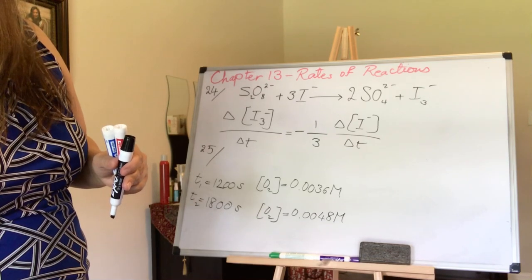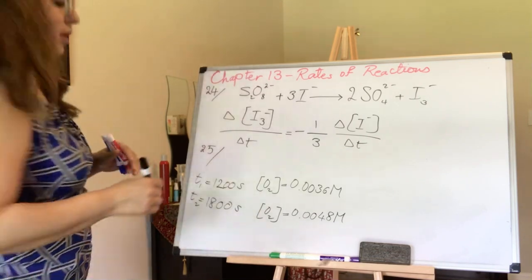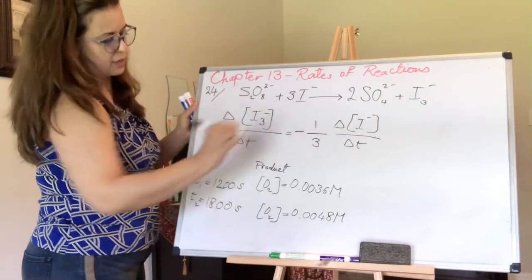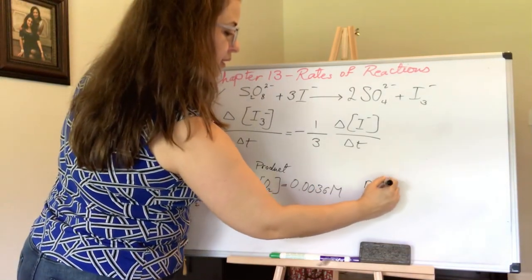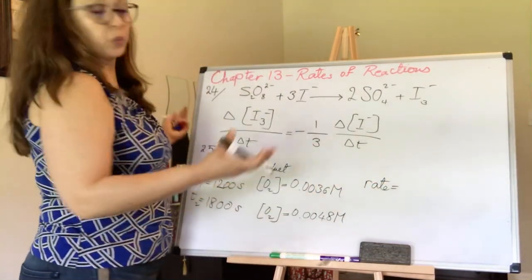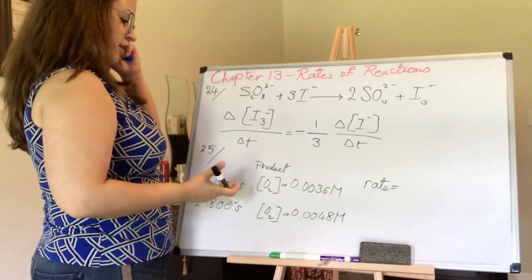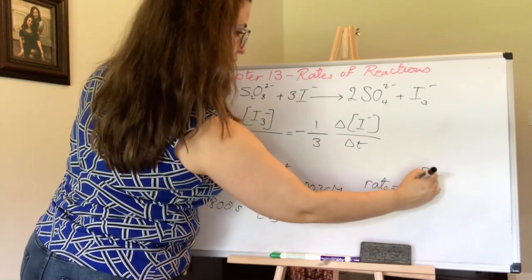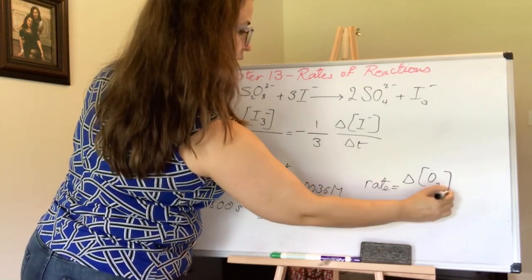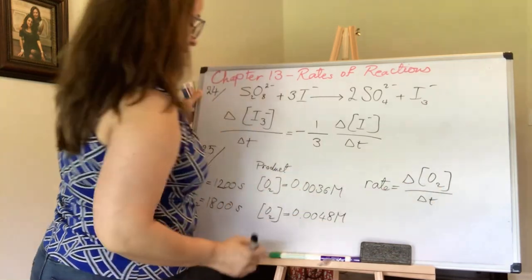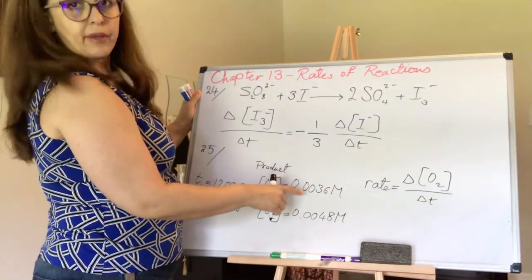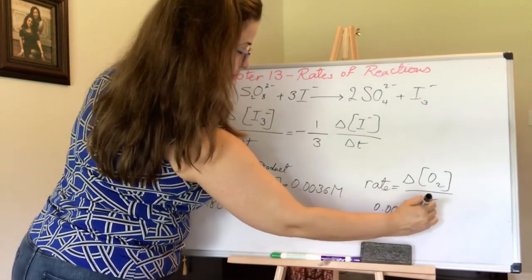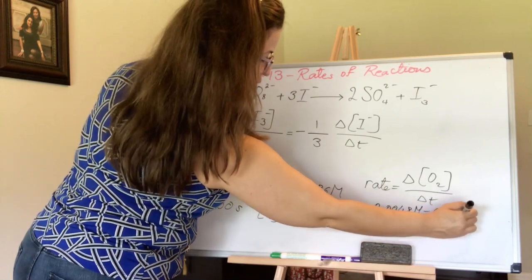It doesn't matter. It says rate of formation, so oxygen is considered as the product, and so we say the rate is, we consider the stoichiometric coefficient one, since there's no more information. So it's delta concentration of oxygen over delta t. Delta, or change in the concentration of oxygen, is 0.0048 molar minus 0.0036 molar.